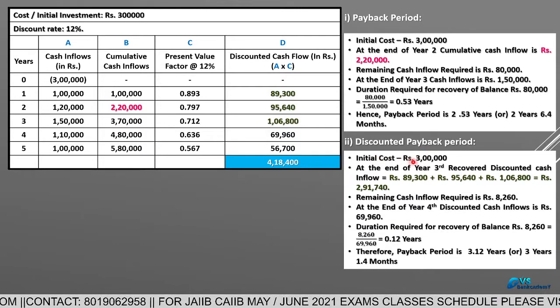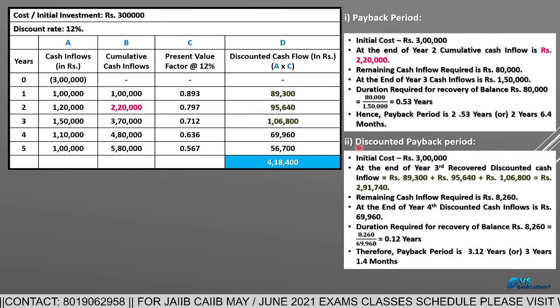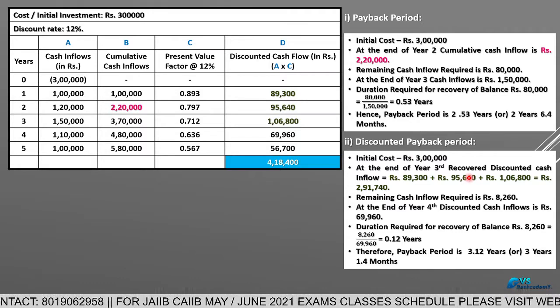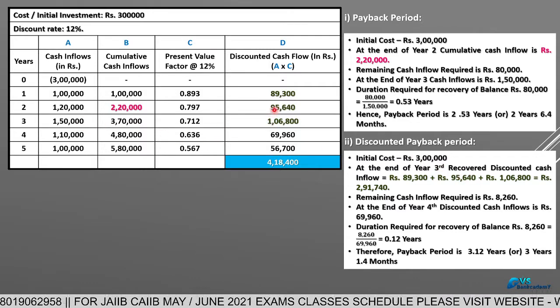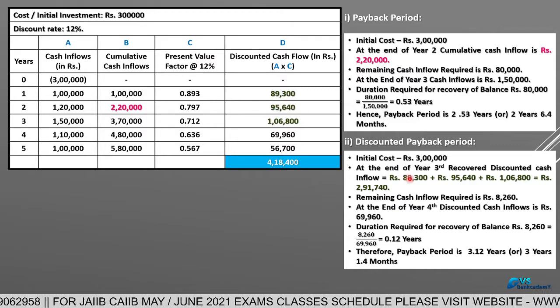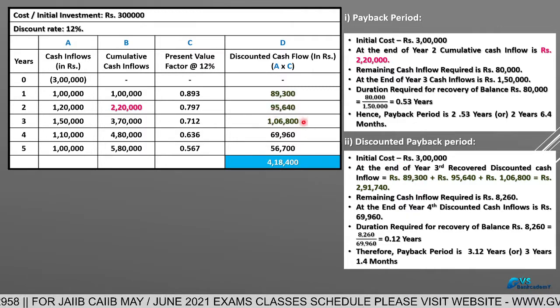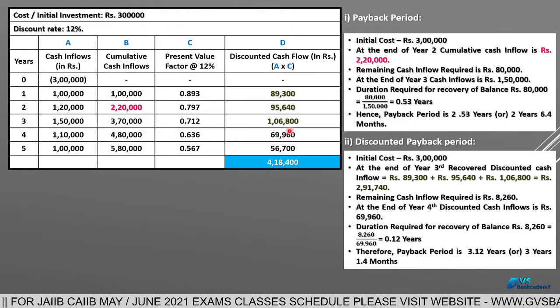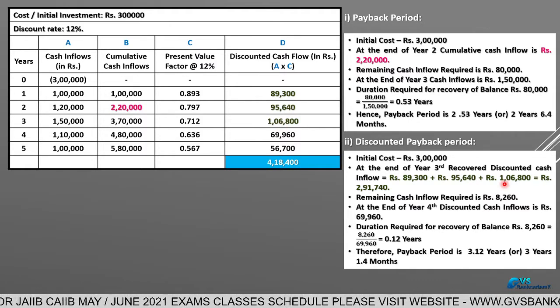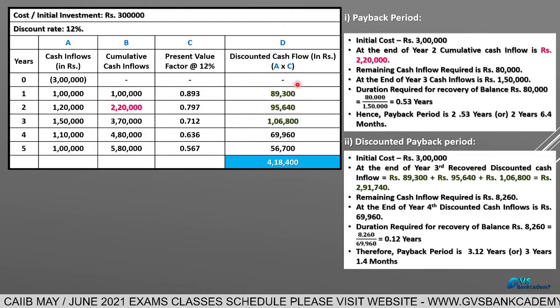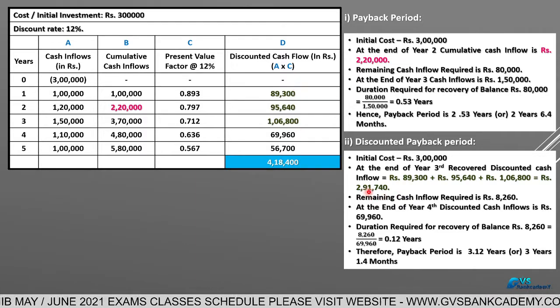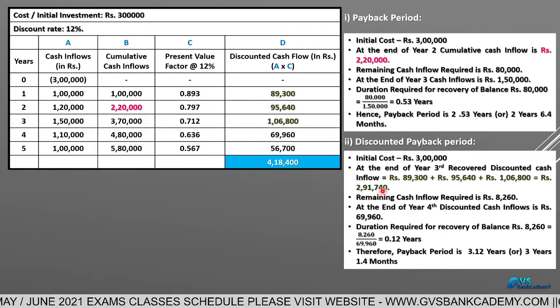Now the initial cost is 3 lakhs. At the end of the third year, our total recovery is: first year 89,300, second year 95,640, third year 1,06,800. So at the end of the third year, the discounted cumulative cash flow is 2,91,740 up to 3 years.